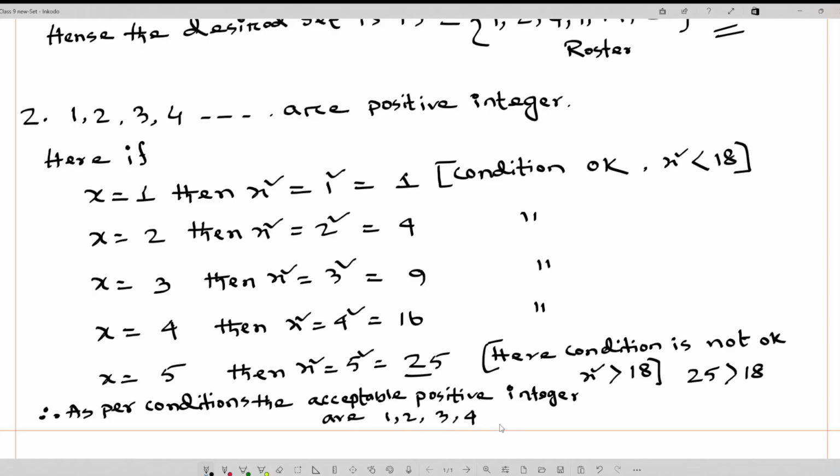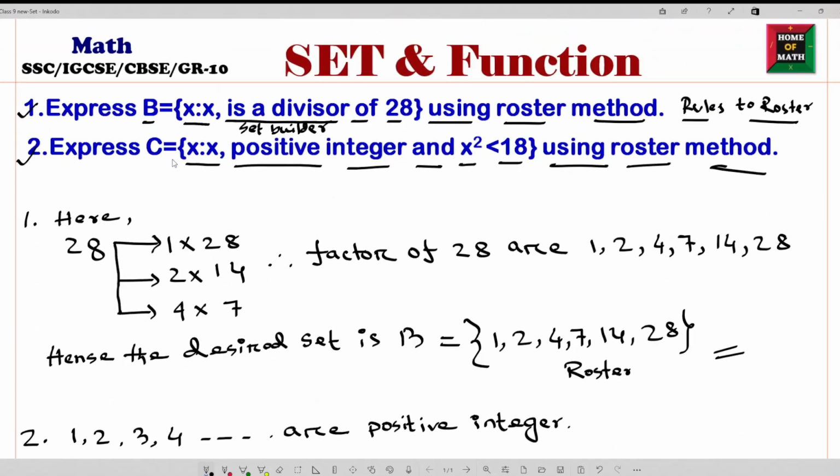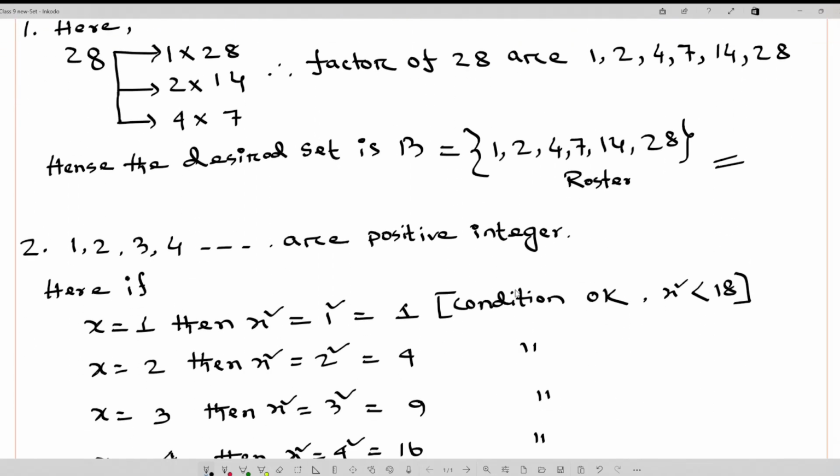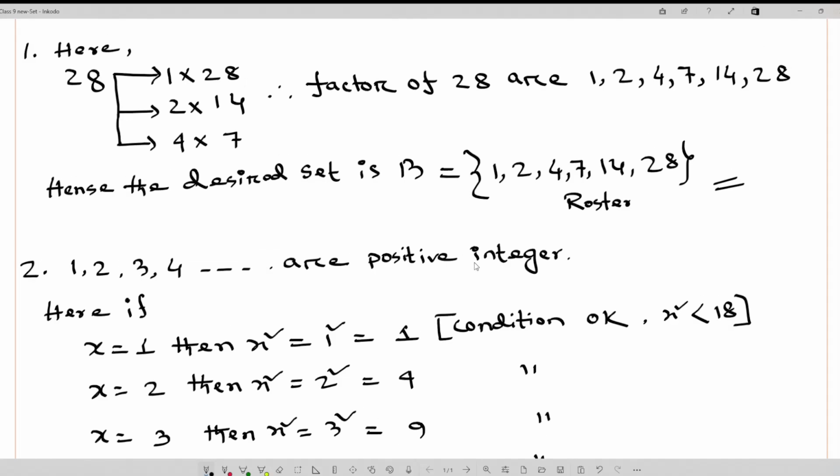So the given set equals, the given set represents C, right? We can check again, yes, it represents C. So we can write C equals the set {1, 2, 3, 4}. Okay, our question is solved.